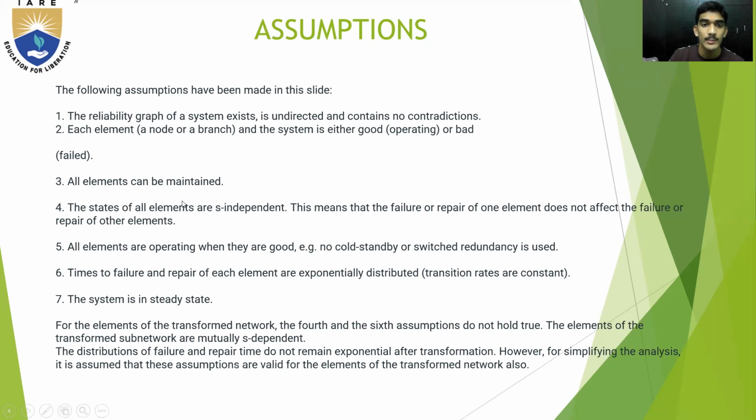All elements can be maintained. The states of all elements are s-independent. This means that the failure or repair of one element does not affect the failure or repair of another element.